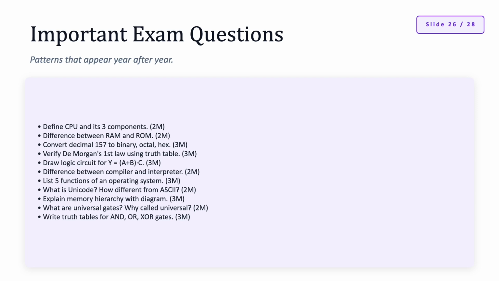List five functions of an operating system. What is Unicode? How is it different from ASCII? Explain the memory hierarchy with diagram. What are universal gates? Why are they called universal? These are the patterns that appear year after year.